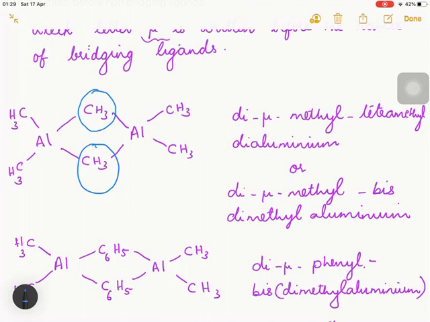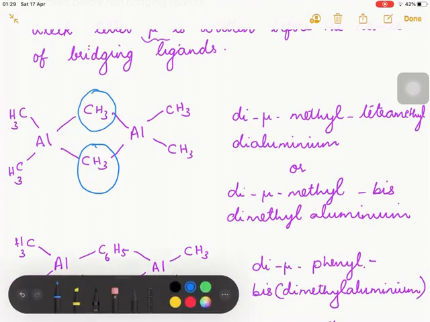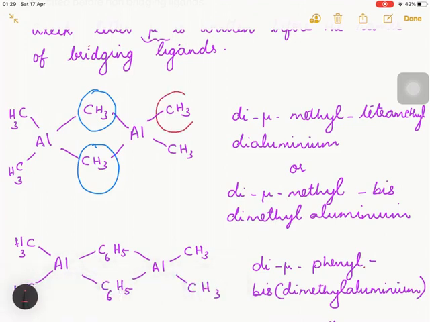The name of this complex is di-mu-methyl. Why? Because two methyl groups act as bridging ligands, and four terminal methyl groups are present.